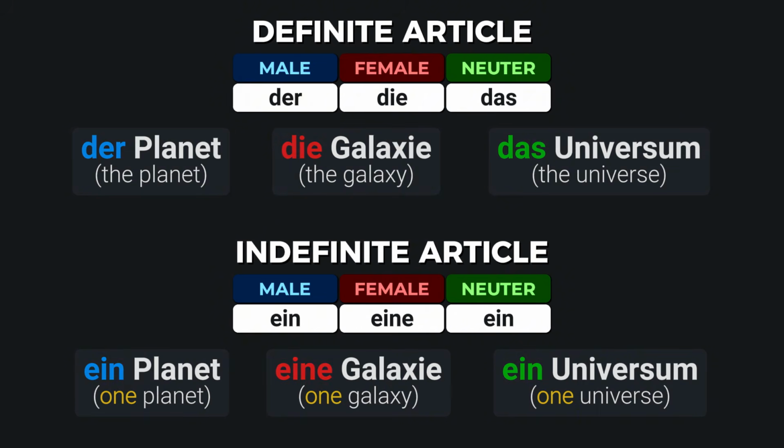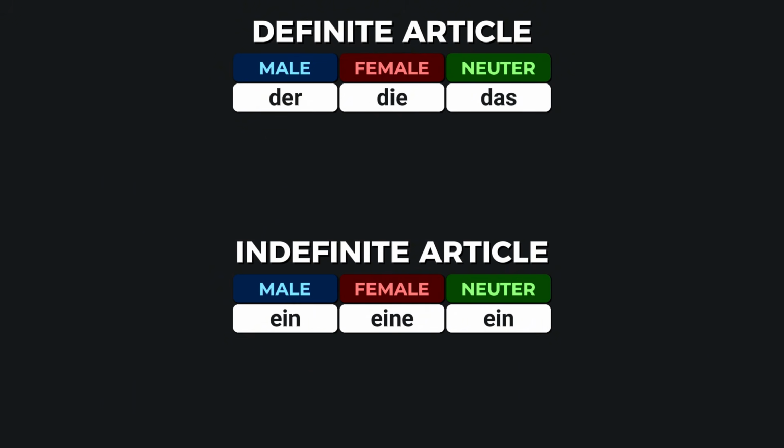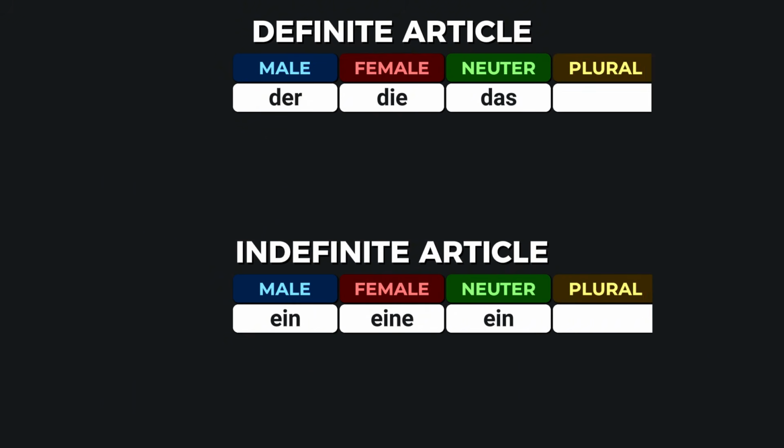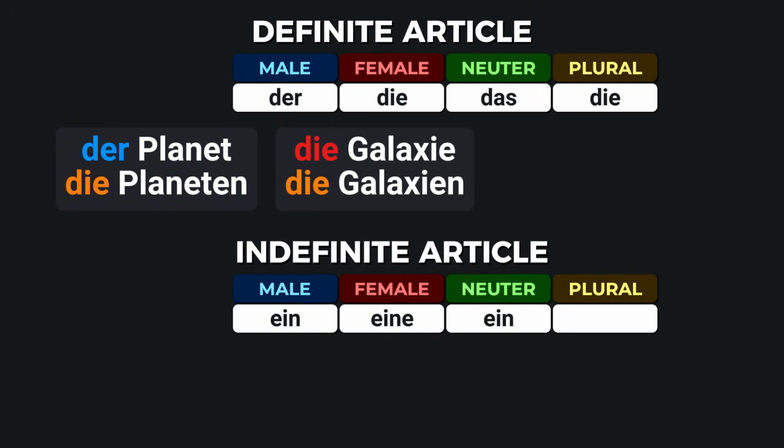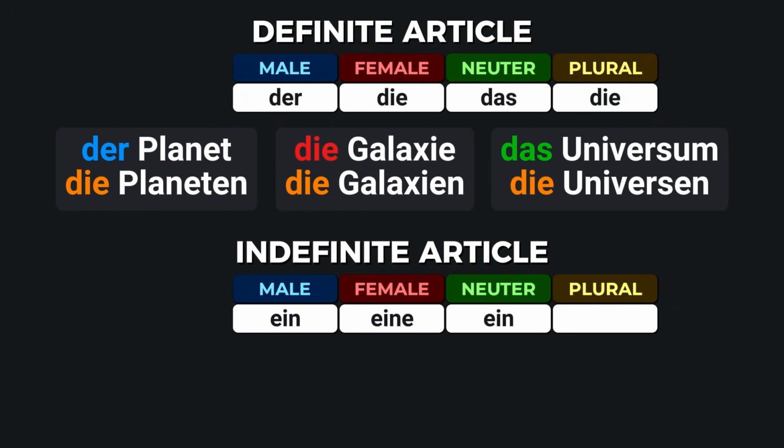Keep that in mind. Moving on, there is another attribute, number, or to use a different word, plural. In English you'd still use the as the definite article for plural nouns, the planet, the planets. In German, however, every plural noun is marked by die, regardless of its gender. So you got der Planet, die Planeten, die Galaxie, die Galaxien, das Universum, die Universen.